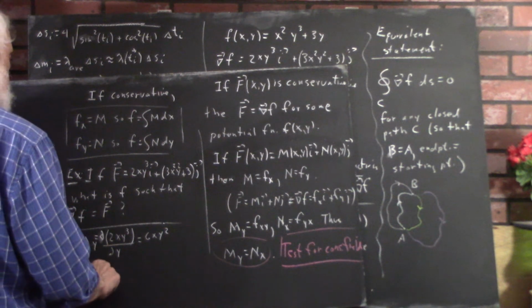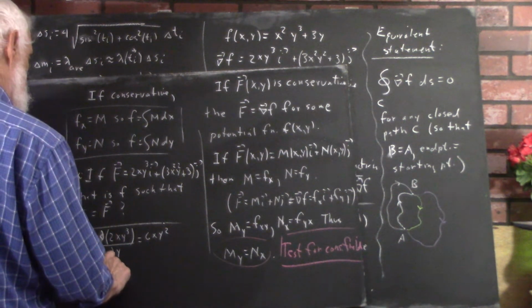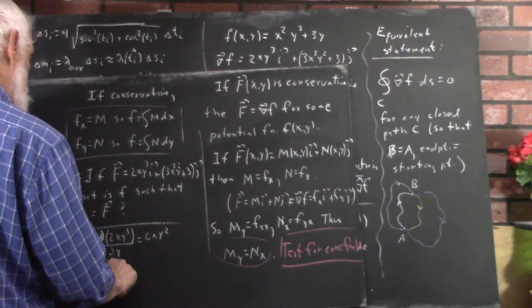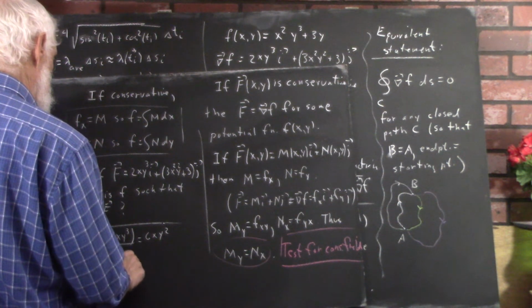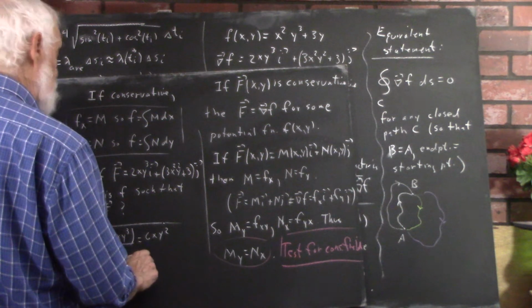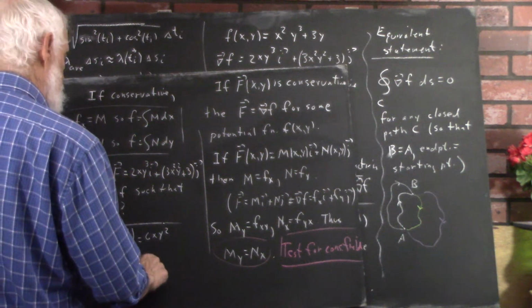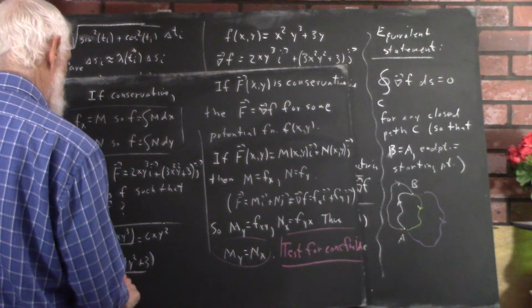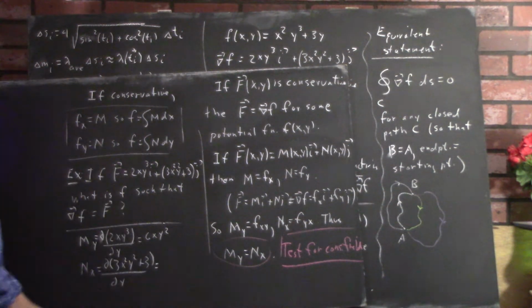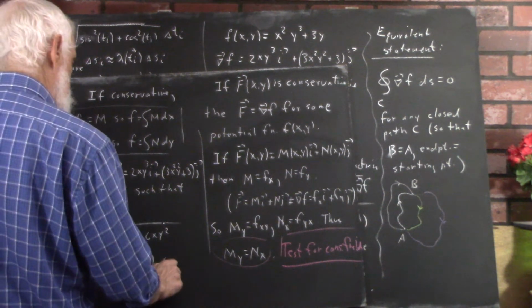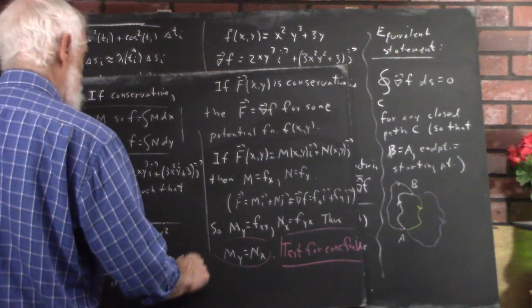And N_x equals the partial of 3x squared y squared plus 3 with respect to x, and that's very easily calculated. That turns out to be by darn 6xy squared.